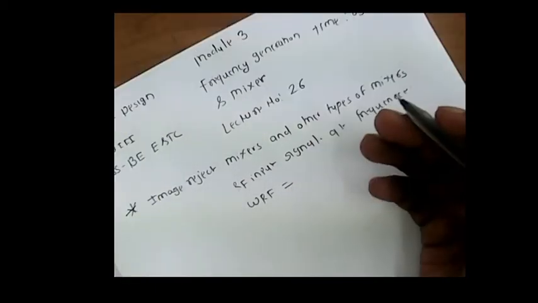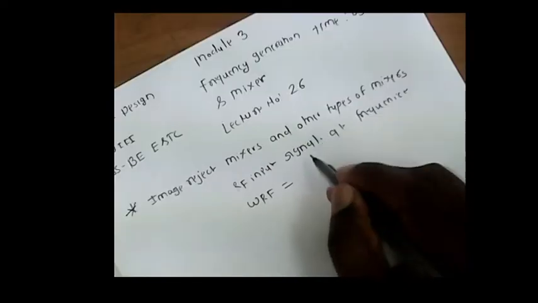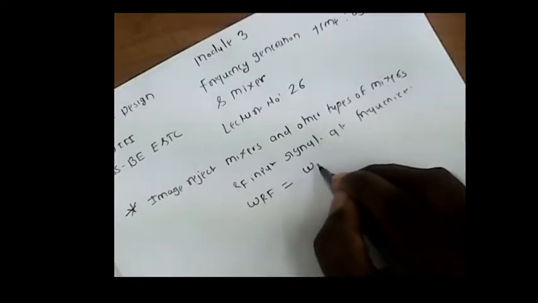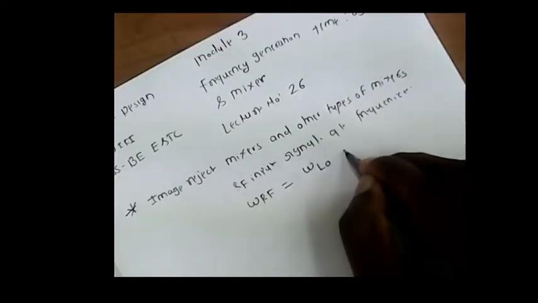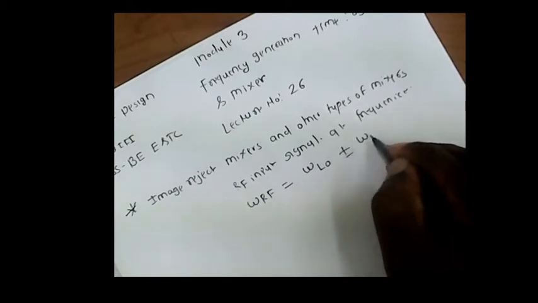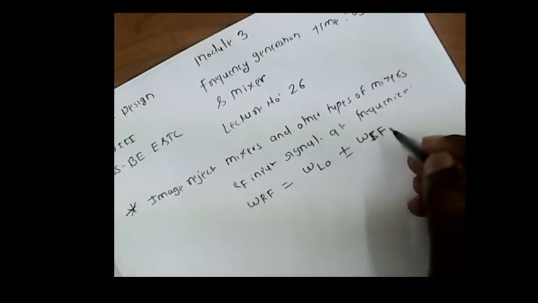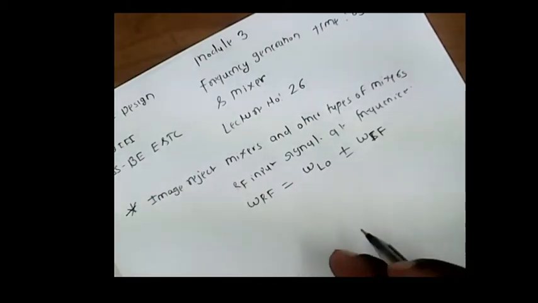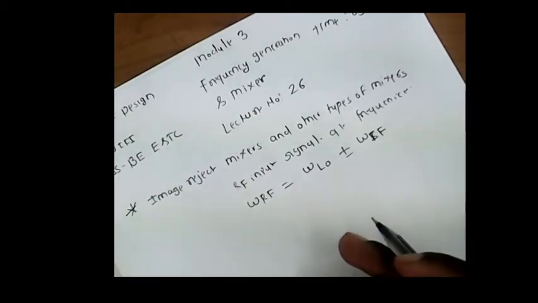The first one is the local oscillator frequency and the second one is the intermediate frequency. It may be the sum or difference, which is generated by the mixer. It will be down converted to the same intermediate frequency when mixed with the local oscillator.